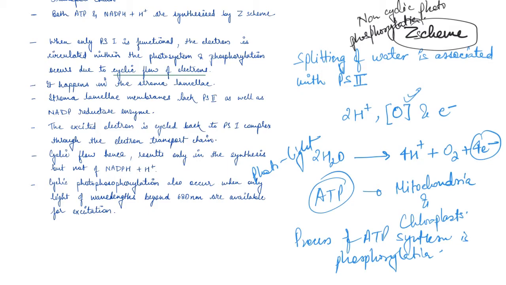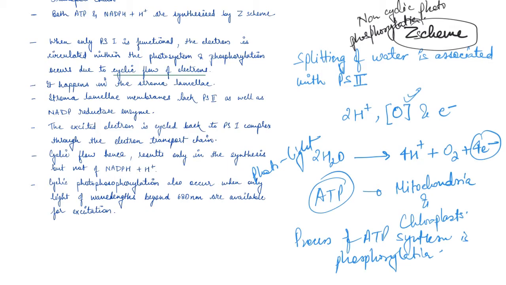So what happens here? The excited electron is cycled back to the PS1 complex through the electron transport chain. Again the electron transport system is used, but this electron transport chain is recycling, cycling the electron within the PS1 complex itself, right?